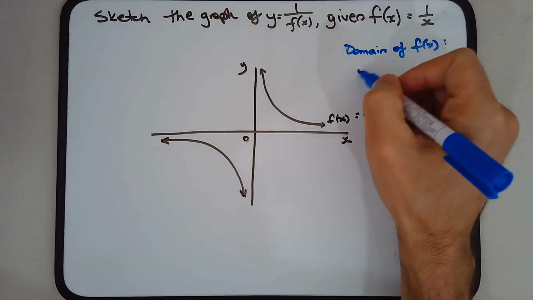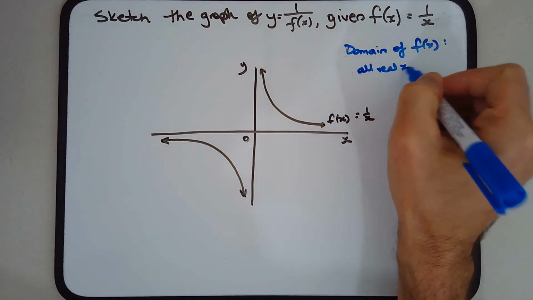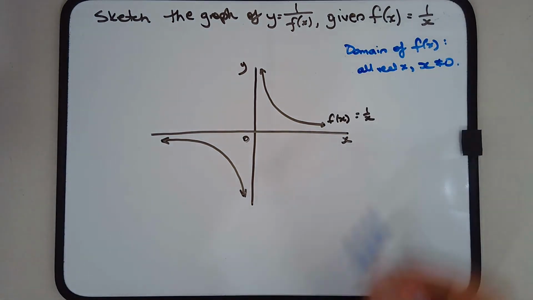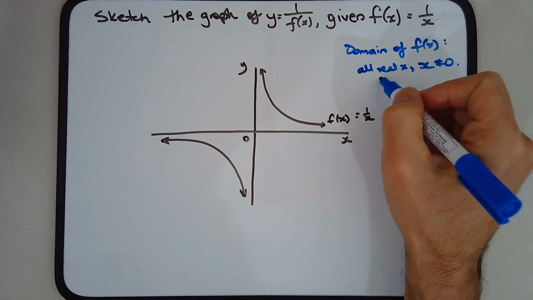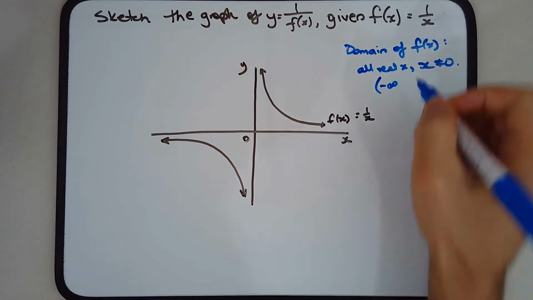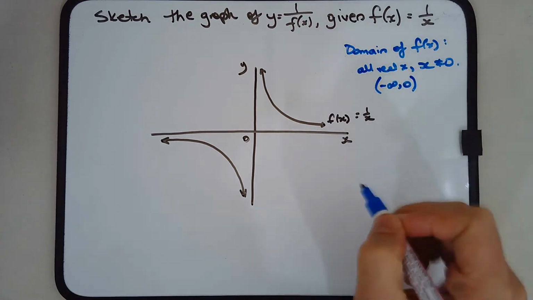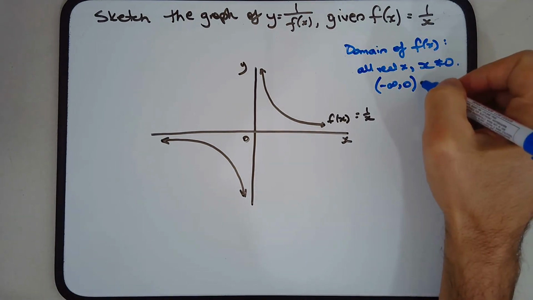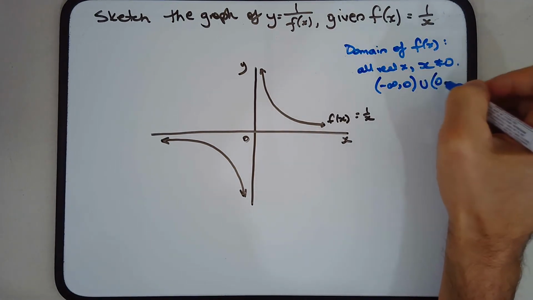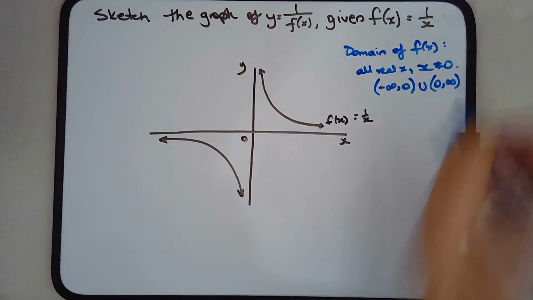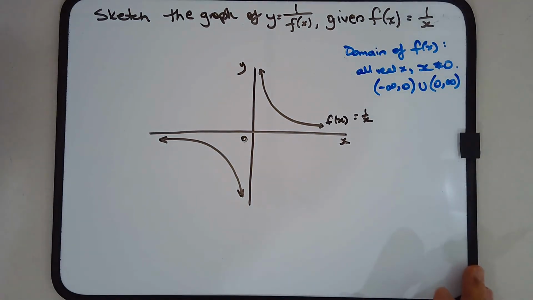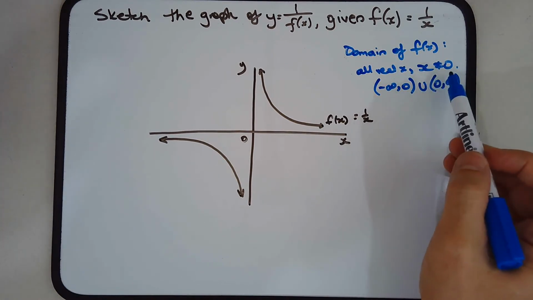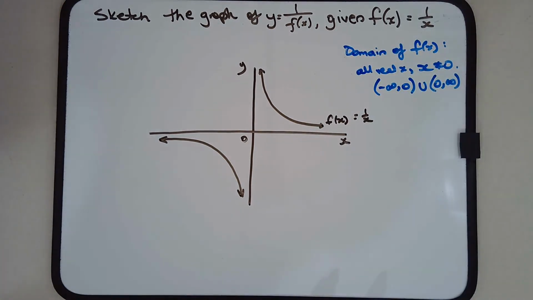So it's basically all real x, however, x cannot equal 0. If you were to use interval notation, it would look like this: negative infinity to 0, open bracket there, union 0 to positive infinity. So that's the two ways you can write that. So the point x equals 0 is in fact excluded.